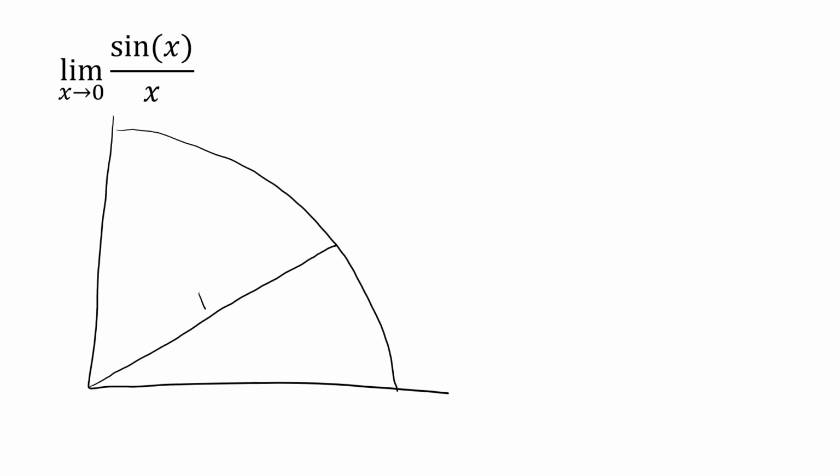Now, according to the unit circle here, I'm just going to write this as angle x, because we're dealing with everything in terms of x. Horizontally, or the side adjacent to x, is cosine of x, and the side opposite to x is sine of x.